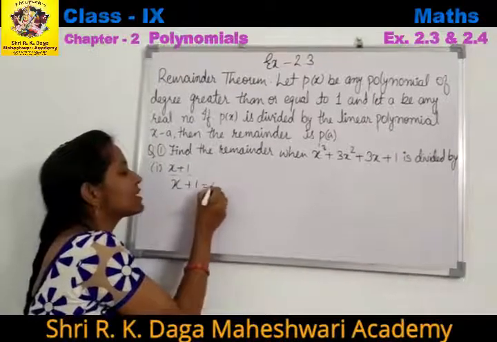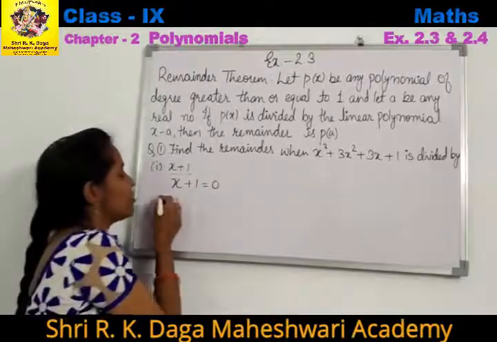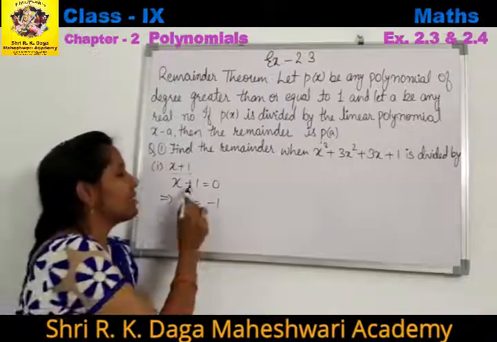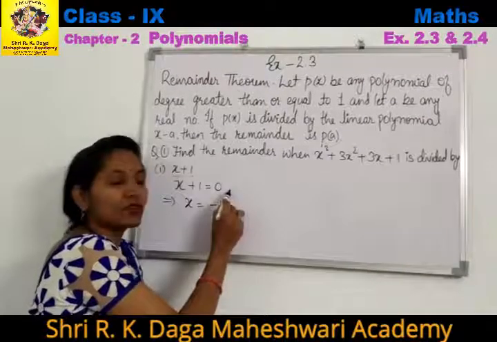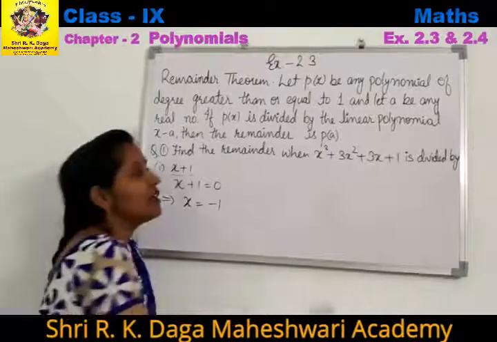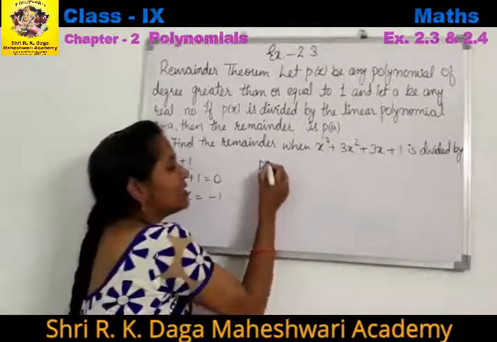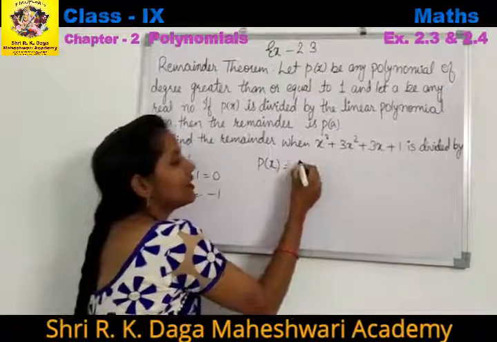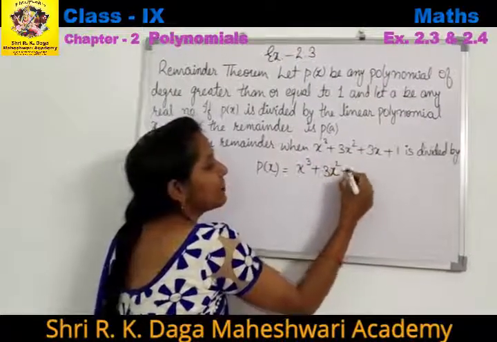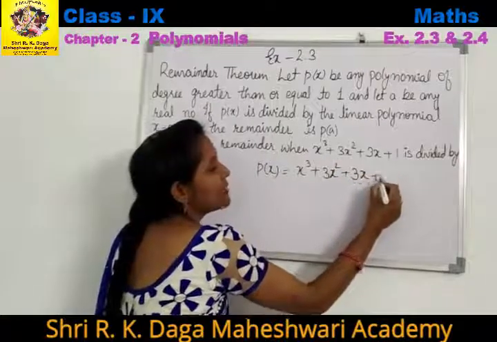We can put x plus 1 equal to 0. So we get x equal to minus 1. When we shift this plus 1 to this side, we get the value of x as minus 1. Now the given polynomial is p of x equal to x cube plus 3x square plus 3x plus 1.